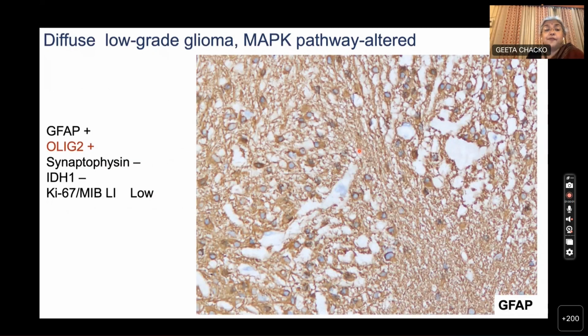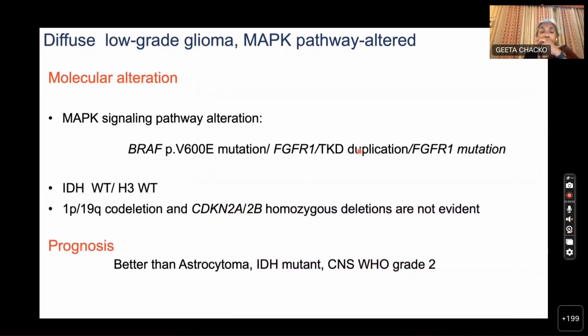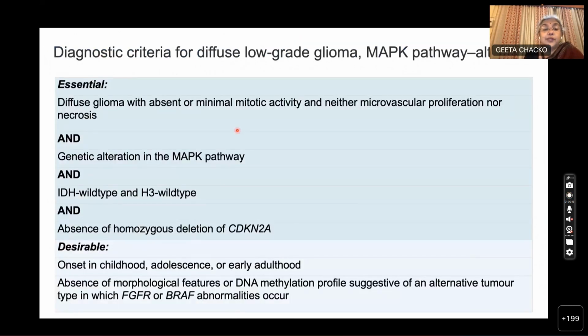These are OLIG2 positive, and you have to demonstrate that they are wild type for IDH, wild type for H3, no deletions present for 1p/19q, and they are MAP kinase pathway altered. So in this tumor, one definitely needs demonstration of these molecular changes and absence of CDKN2A deletions to make a diagnosis of this tumor. Otherwise, it remains a low-grade.